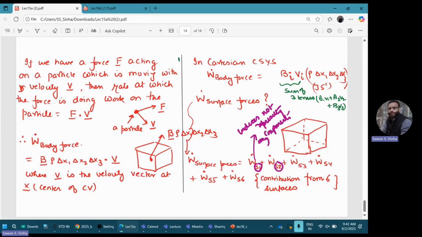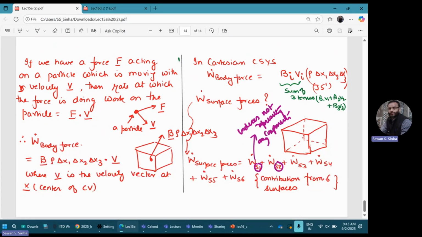यहाँ B क्या है? B, what should be B? G vector ही है. That's all. Body force per unit mass vector. I should write it somewhere. That's how I use the index B actually. This I'm used to keep it even more general, not necessarily gravity, but any body force.